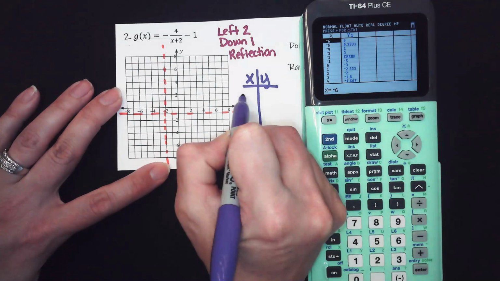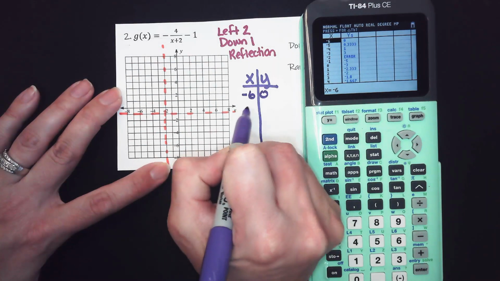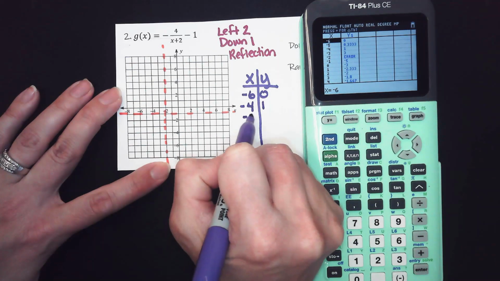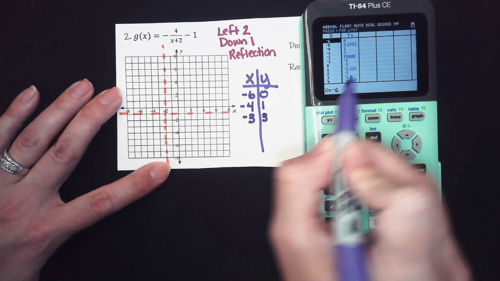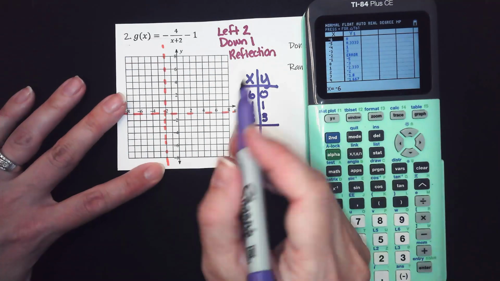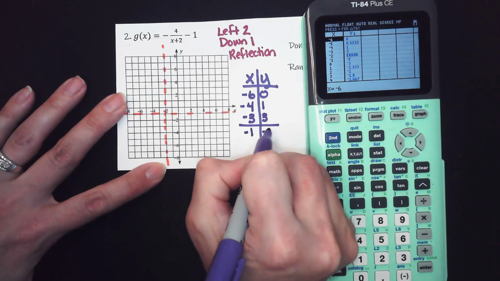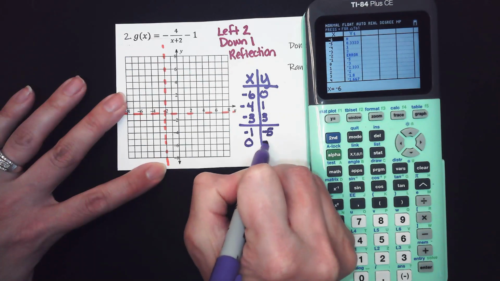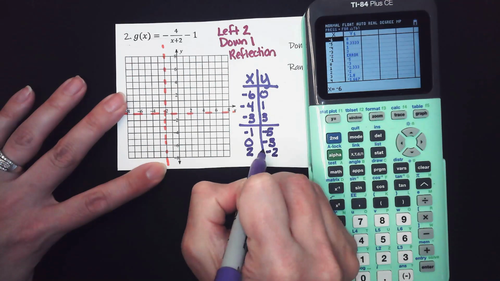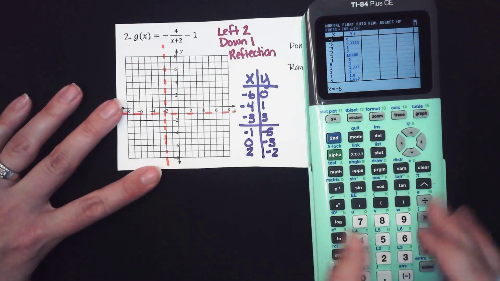I have negative 6, 0. I have negative 4, 1. I have negative 3, 3. Then you see where it has the error, so I'm just going to draw my line. That's the asymptote. Then has negative 1, negative 5, 0, negative 3, and I'll jump down to 2, negative 2. Okay, I'm just skipping those decimals.